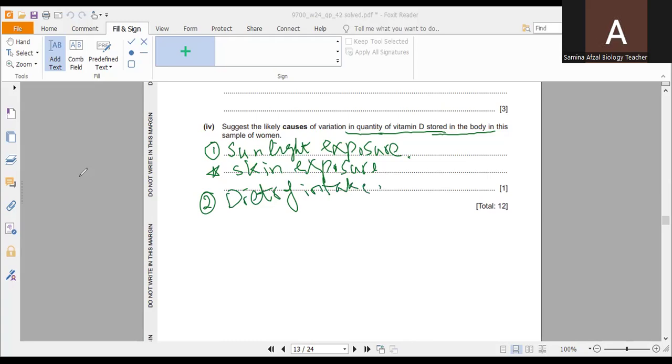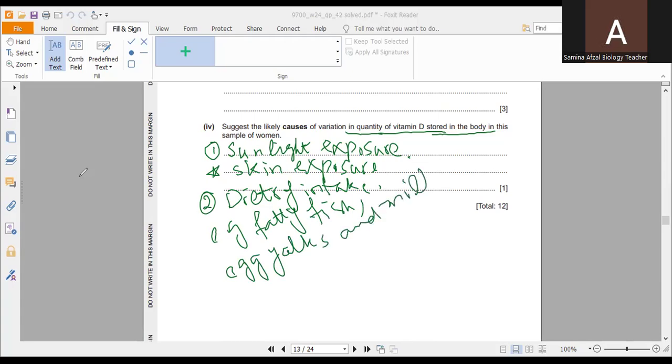Then dietary intake: consumption of foods which are rich in vitamin D, such as fatty fish, salmon, egg yolk, and milk, etc., can increase the vitamin D stores in the body, and a diet lacking these foods can lead to lower vitamin D levels.